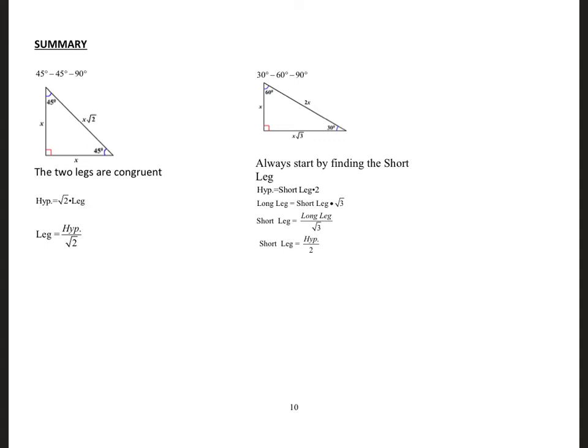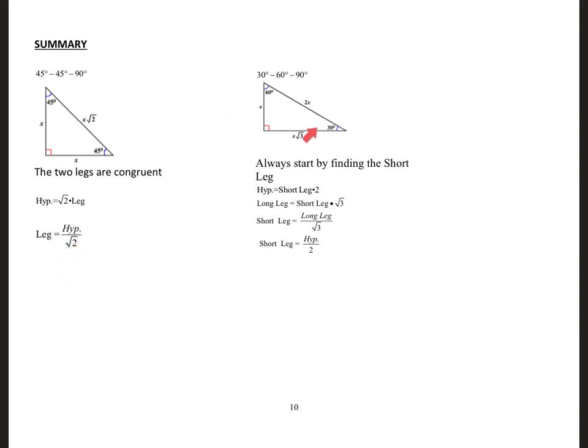And now, here is a summary of what we did. For the 45-45-90 triangle, we have x, x, x square root of 2. To get the hypotenuse, you multiply the leg by square root of 2. If I'm given the hypotenuse and I need the leg, I divide the hypotenuse by square root of 2.